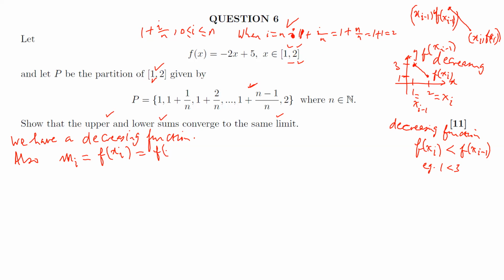Right. So the xi, what is xi from the interval? So xi is 1 plus i over n.